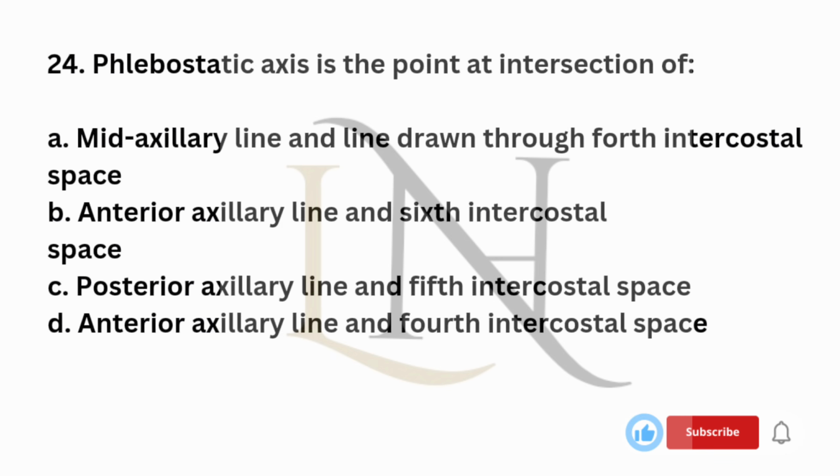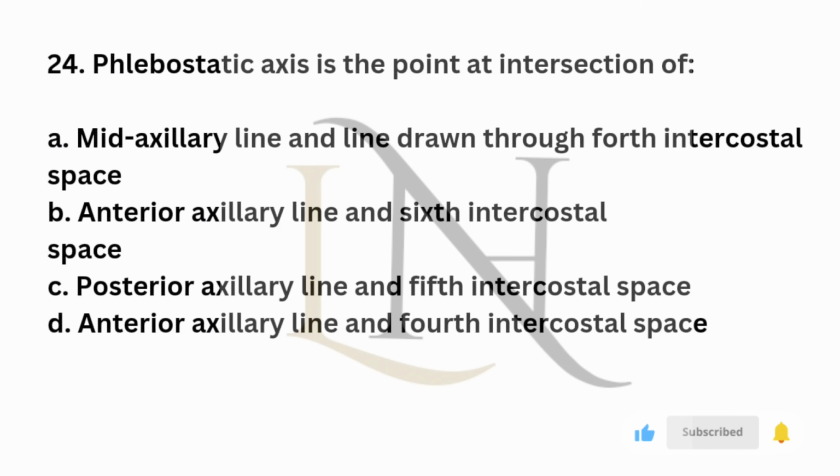Phlebostatic axis is the point at intersection of option A, mid-axillary line and line drawn through fourth intercostal space. Option B, anterior axillary line and sixth intercostal space.